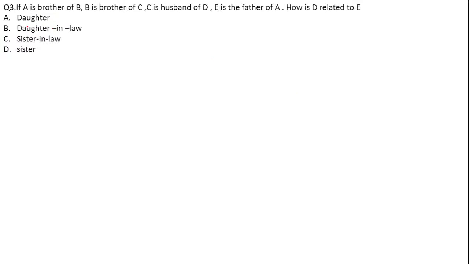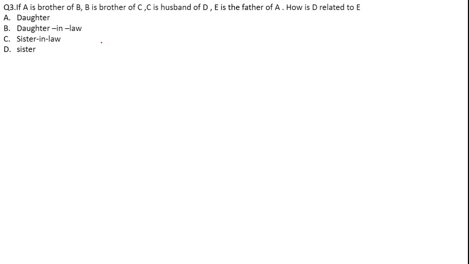So this is a blood relation question. So let's read out the question first. If A is brother of B, B is brother of C, C is husband of D, E is the father of A, how is D related to E?